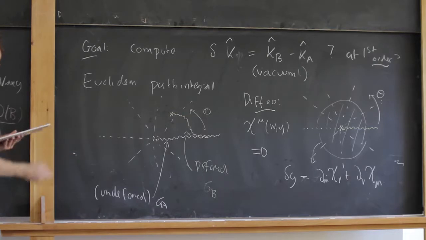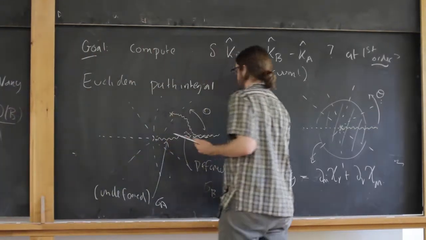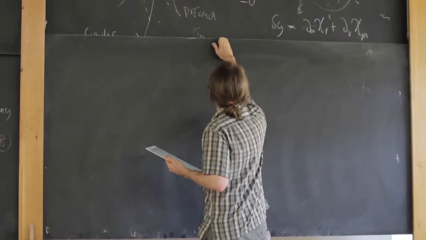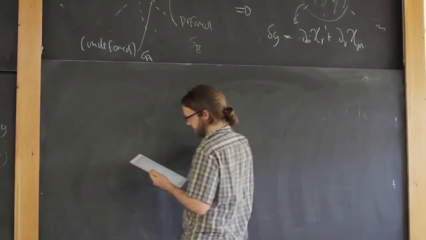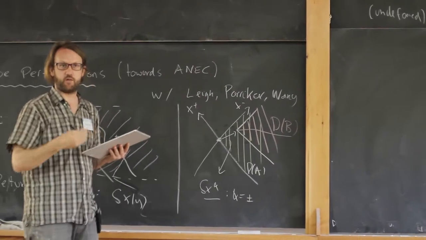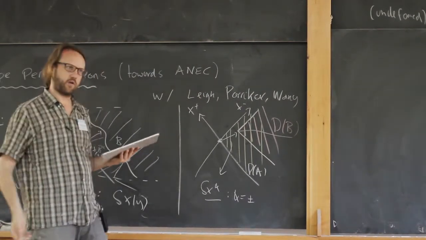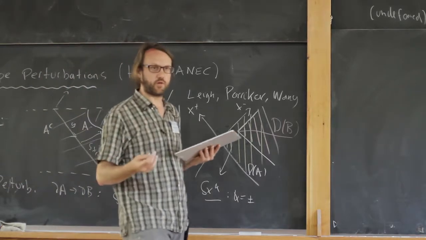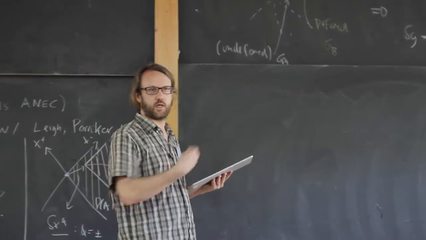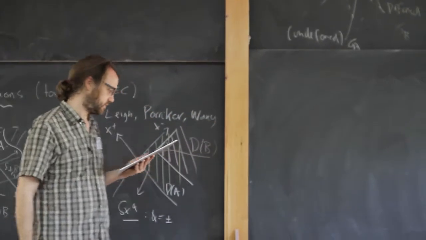And the metric couples to the stress tensor in a quantum field theory. So we can just perturb in that metric, and we'll bring down factors of the stress tensor, and we'll get correlation functions of the stress tensor and so forth. So instead of doing scalar perturbations, now we're doing stress tensor perturbations.